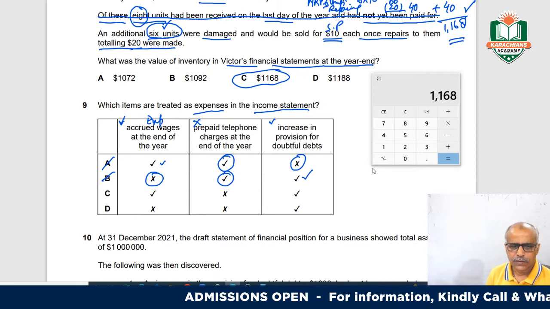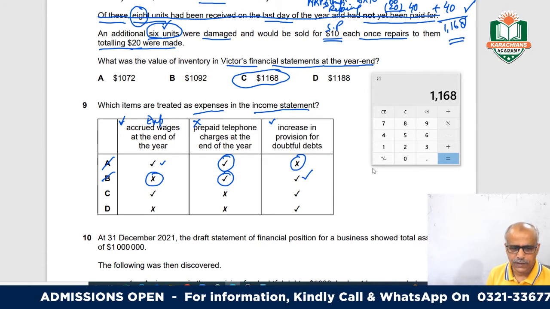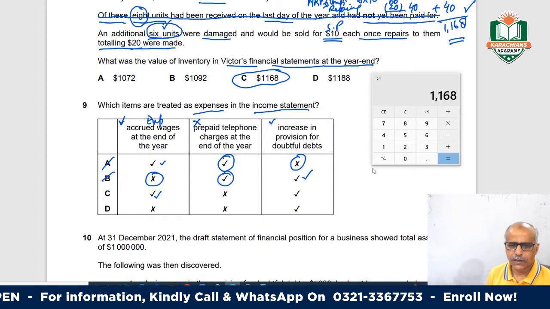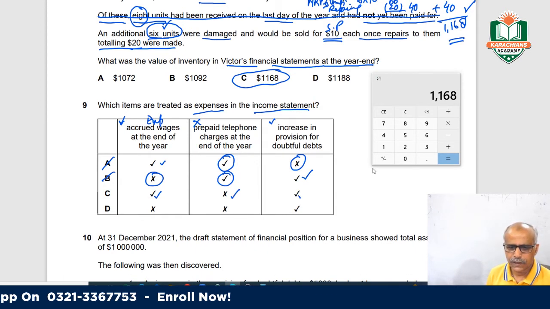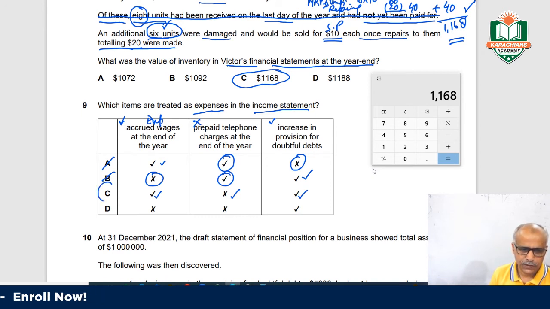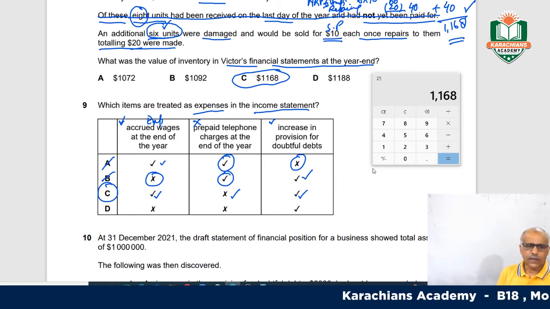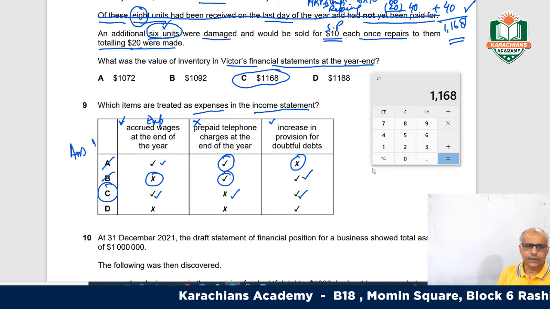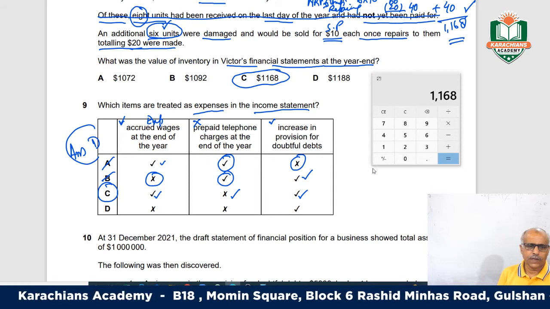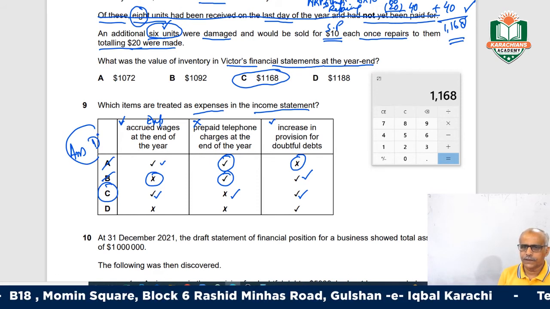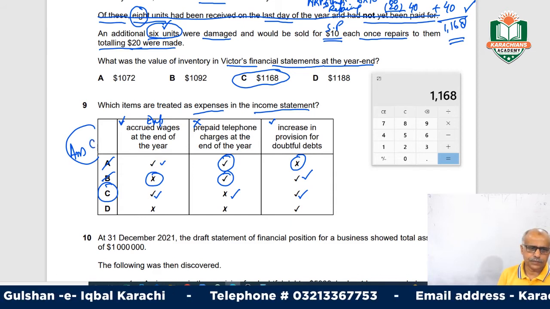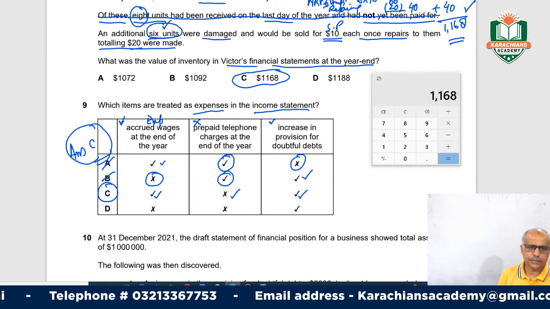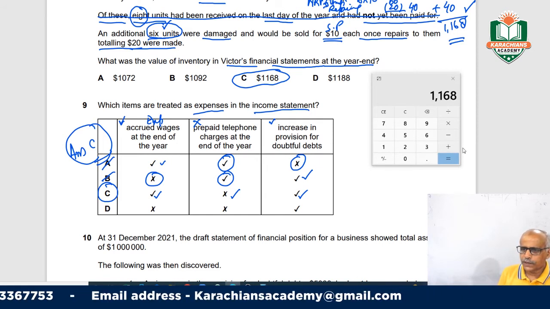C: charged to P&L, yes, this is correct. Not charged to P&L, yes, this is correct. And charged to P&L, yes, this is correct. So option C is correct. Sorry, your answer is option C. Move on to the next question.